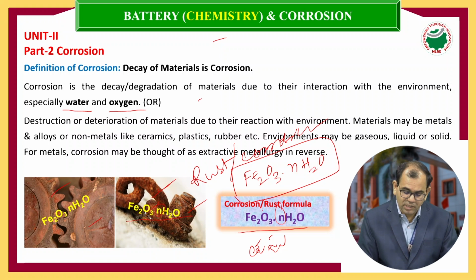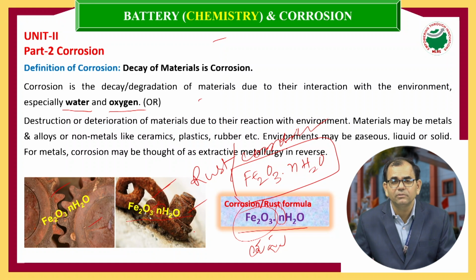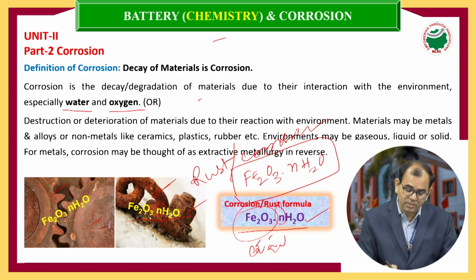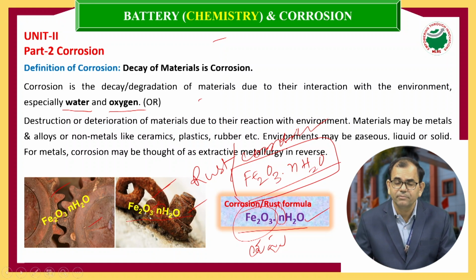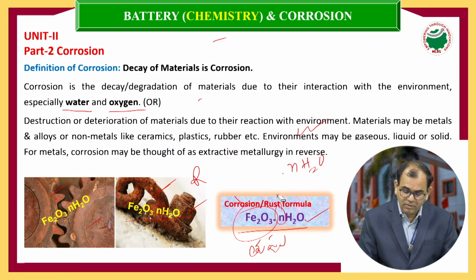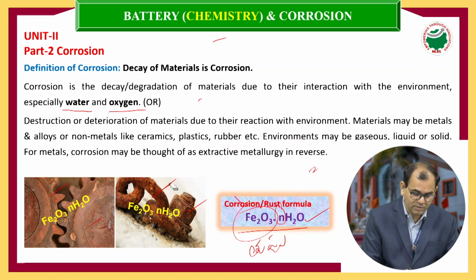Why? Because rust is always in the form of moisture. That's why there is water molecule here. Rust is nothing but Fe2O3·nH2O. That is the formula of rust.